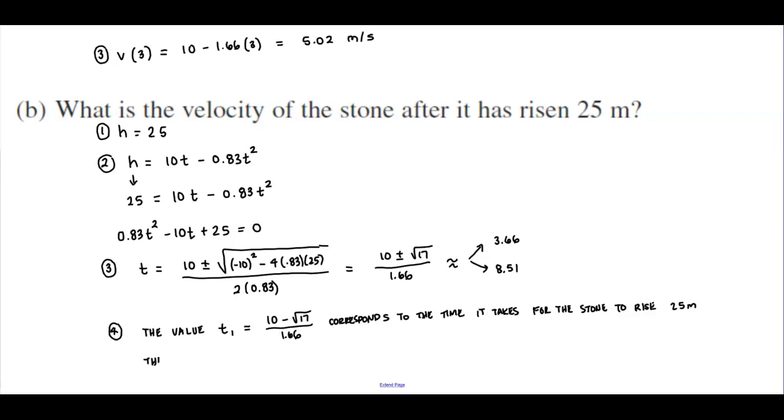And then the value of time 2, which is 10 plus the square root of 17 over 1.66, corresponds to when the stone is 25 meters high on the way down.